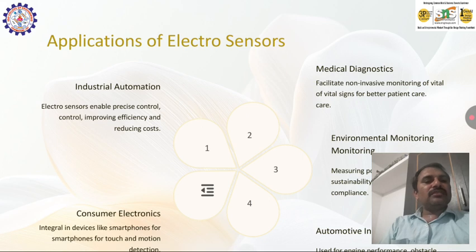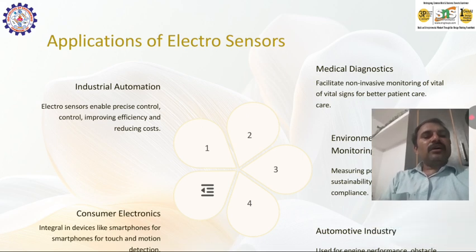For environmental monitoring, we know temperature, humidity, and poisonous gases like nitrogen, carbon dioxide, and carbon monoxide, which sensors help identify.